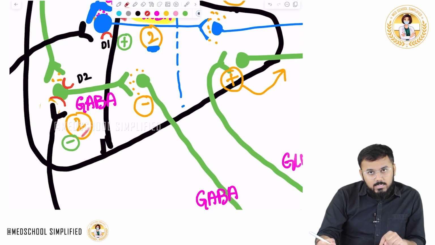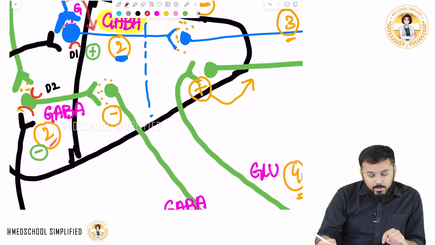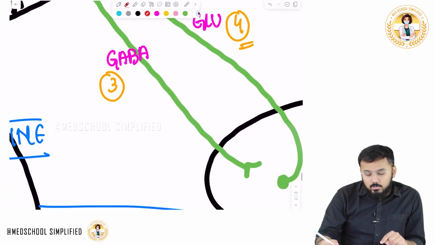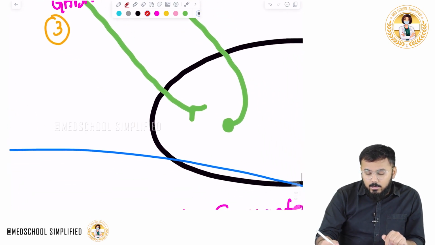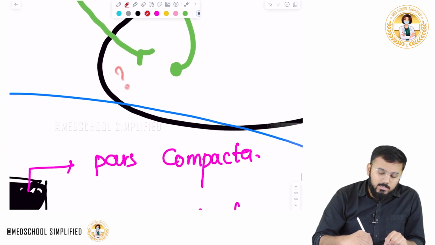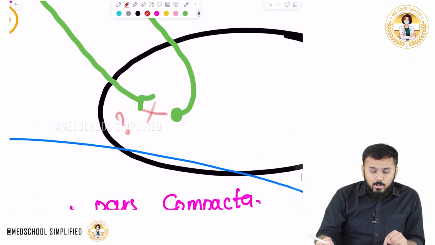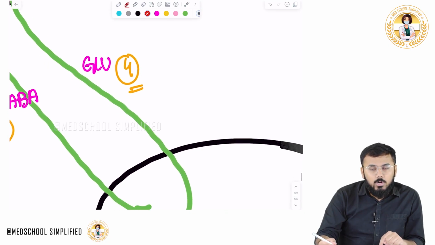Neuron number 2 is GABAergic, so GABA is released. Once GABA is released by neuron number 2, this GABA will inhibit neuron number 3. Neuron number 3 is also GABAergic. So when neuron number 3 is inhibited, is any GABA entering here? No, there is no GABA. When there is no GABA, then neuron number 4 is what?